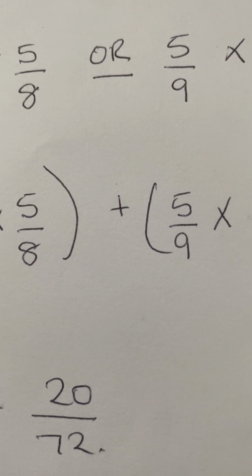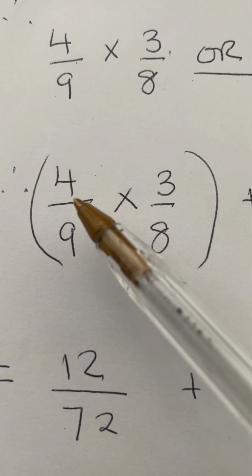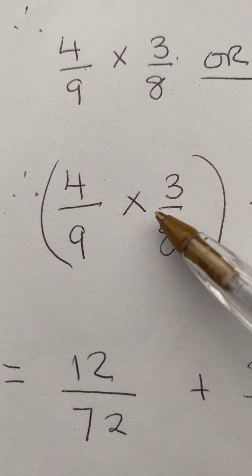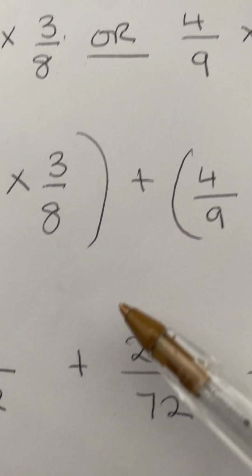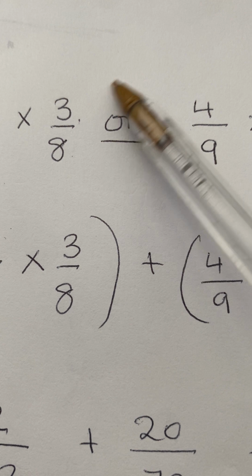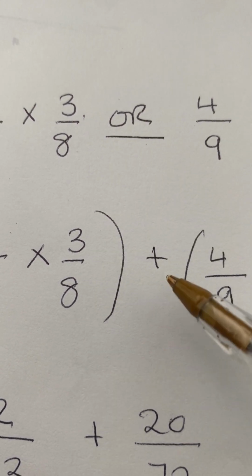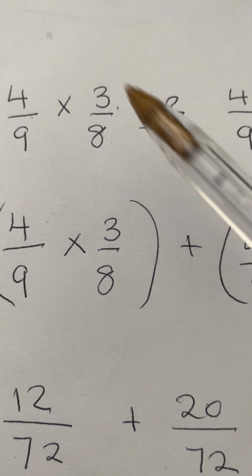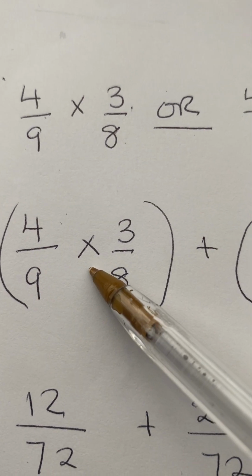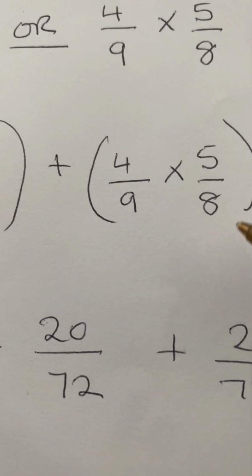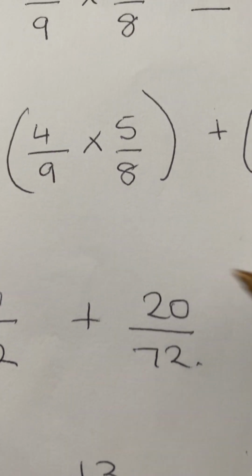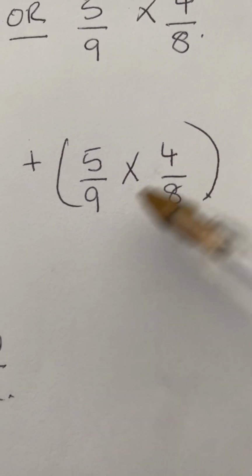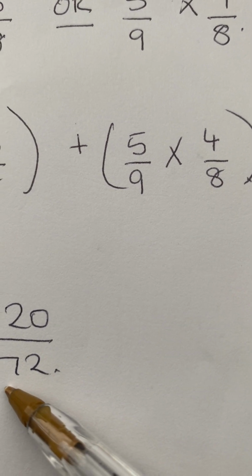Go and have a think about it. Okay, so 4 times 3 is 12/72. Remember when we were doing the video, I said "or" is add and "and" is times. Okay, and then you have 20/72, and then you have again 20/72.